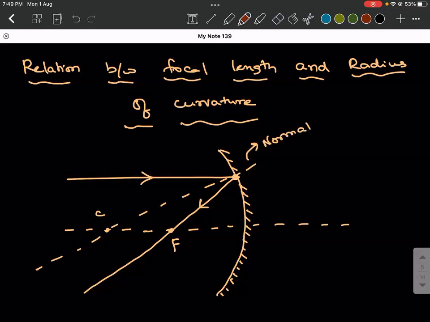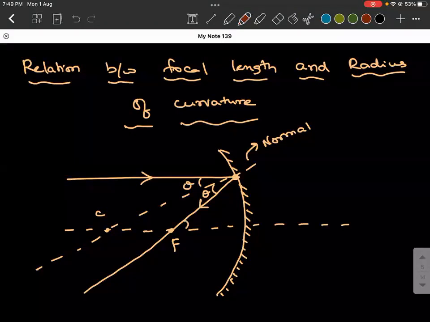Is that right? So if I take this angle to be theta, how much is this angle? It is also theta, right? Because angle of incidence is equal to angle of reflection. So if this is theta, how much is this value? Why? Alternate interior.